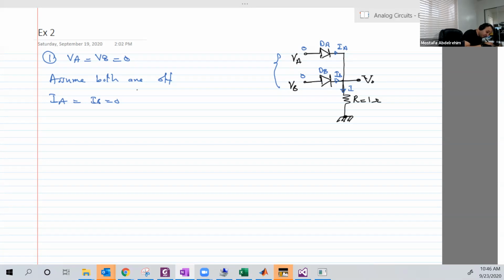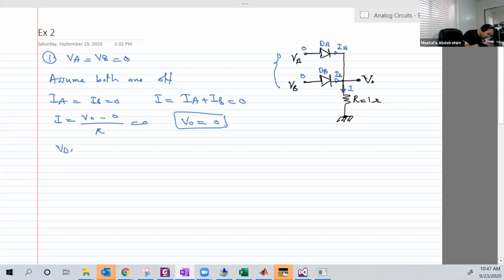So both are off, and I, which is equal to IA plus IB, is equal to 0 as well. I is equal to VO minus 0 over R. So VO is equal to 0.